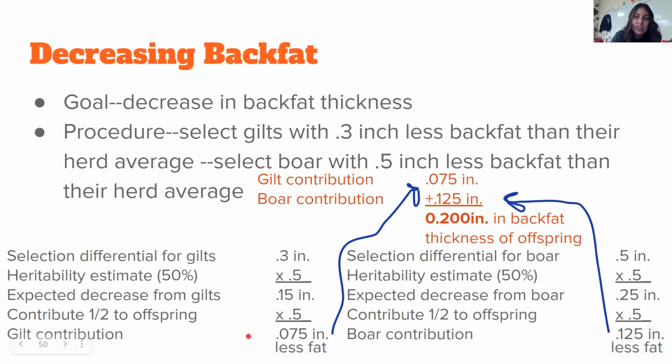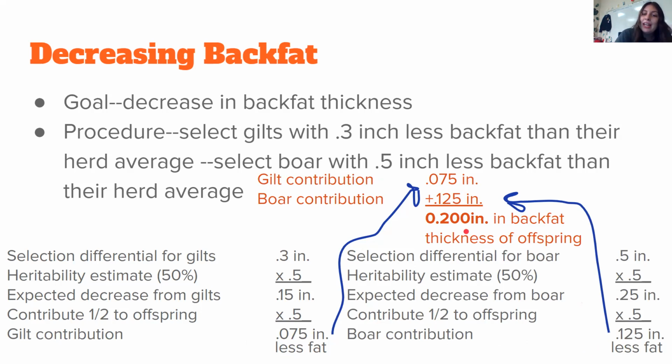We add the gilt's contribution of 0.075, and you add the boar's contribution of 0.125. And when you add those together, we get 0.2 inches.